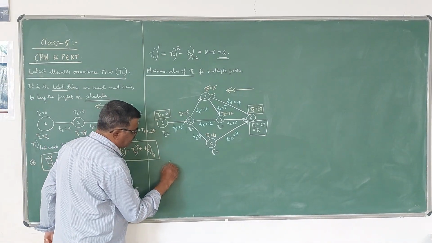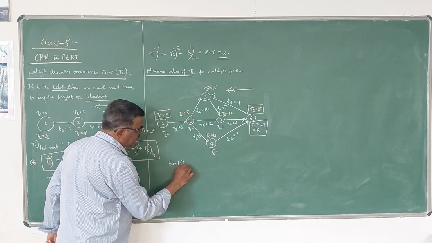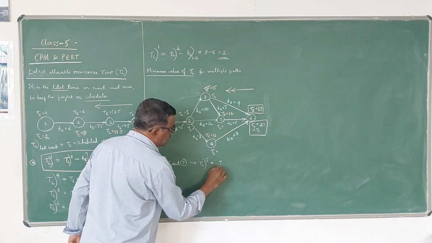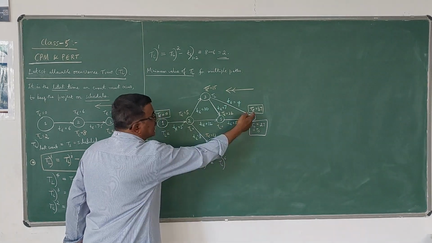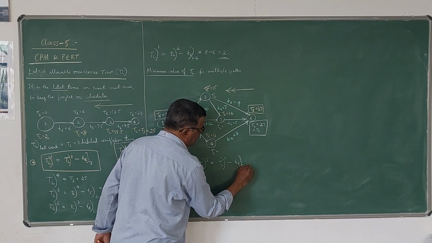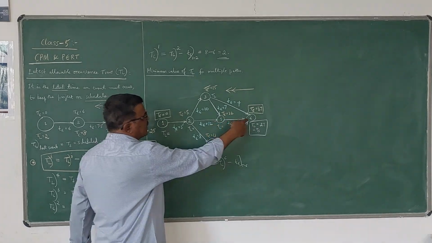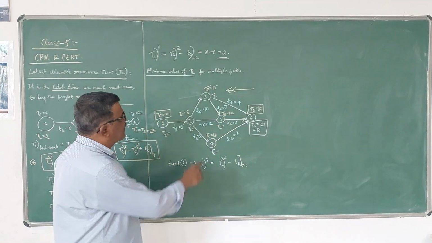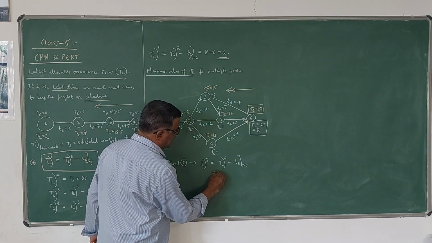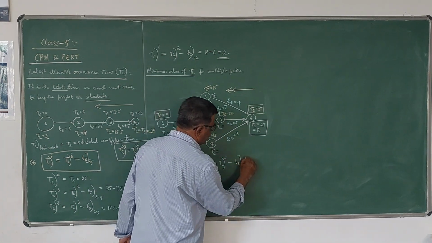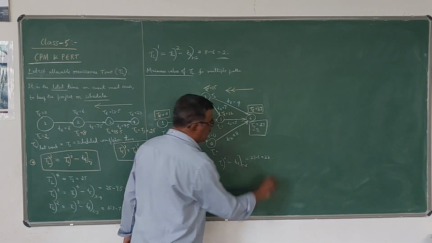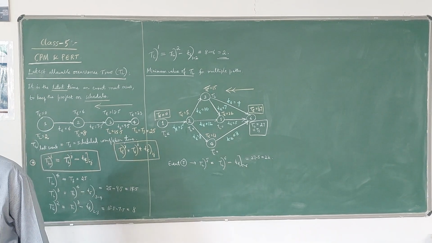So TL5 is equal to TL6, we have to move backwards, minus t of 5, 6. Whatever is there for 5, 6, this we have to take. That means 5, 6 is here 5. So therefore it is 27 minus 5, which is 22. So we got the value 22.